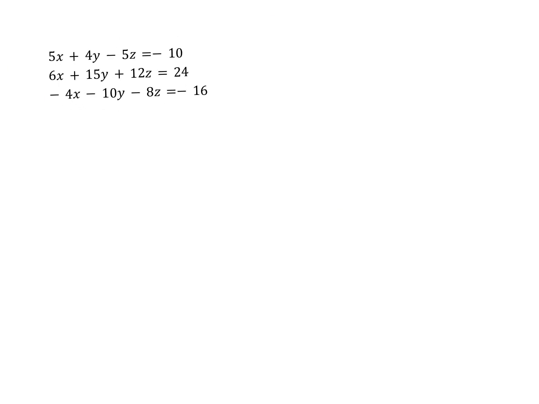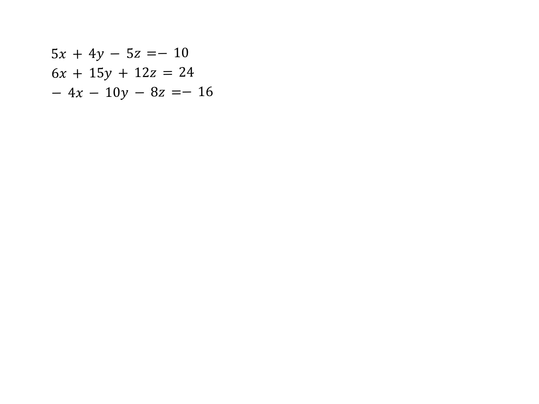Last example. We have 5x plus 4y minus 5z equals negative 10, 6x plus 15y plus 12z equals 24, and negative 4x minus 10y minus 8z equals negative 16. So looking at this system of equations, there is no nice variable to eliminate.